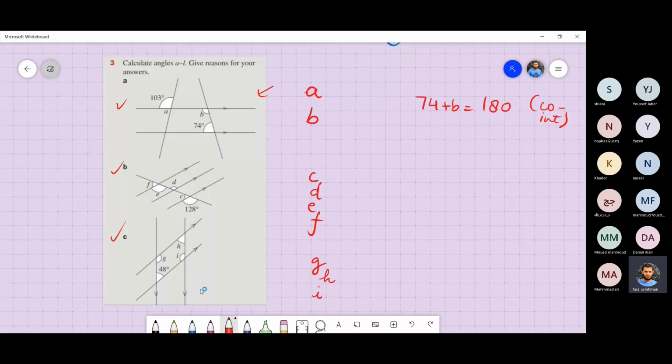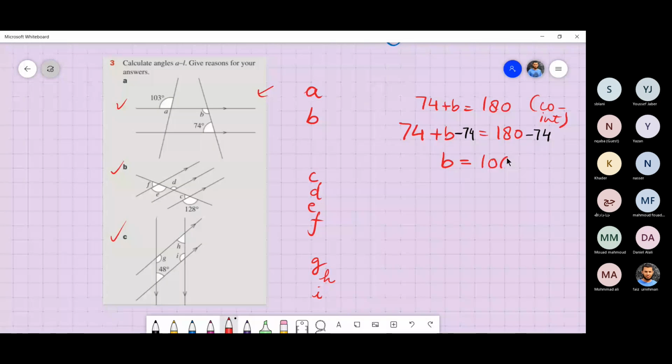And then how can I remove 74? Minus 74 on both sides. So B will be 106 degrees.